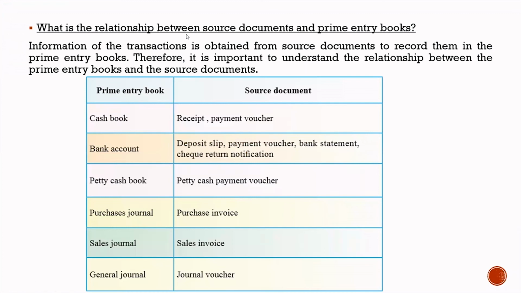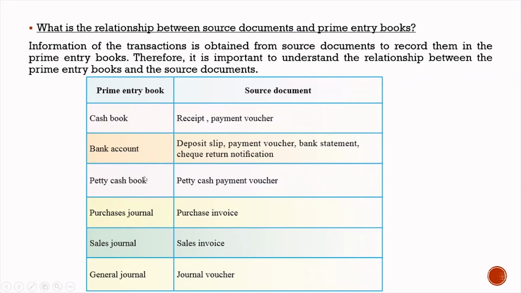Next, the relationship between the source documents and primary books. The information of the transactions is taken from the source documents and first recorded in the primary books. So you have to know that there's a direct relationship between them. If it is the cash book, the receipt and the payment vouchers are the source documents. If it is the bank account, the deposit slip, payment vouchers, bank statements and cheque return notifications are the source documents.